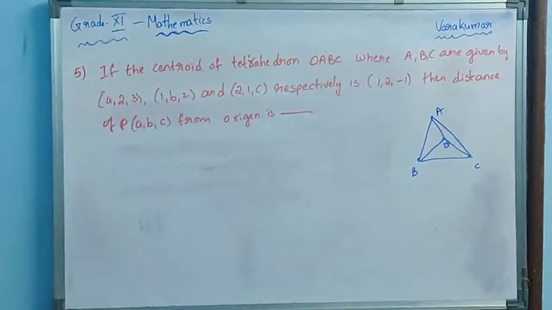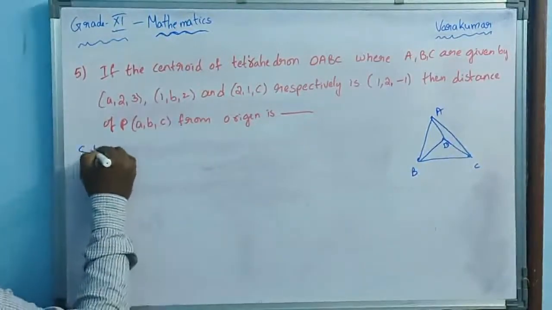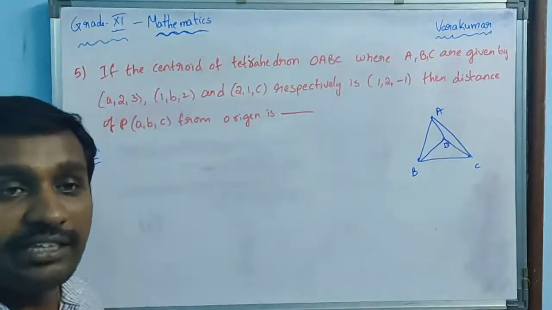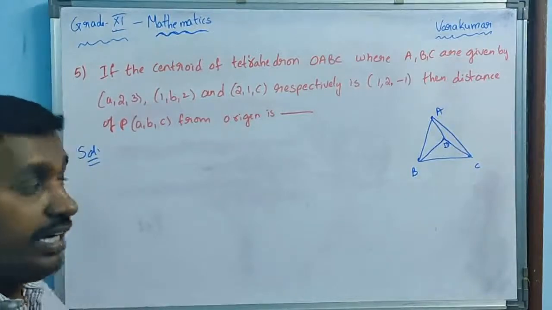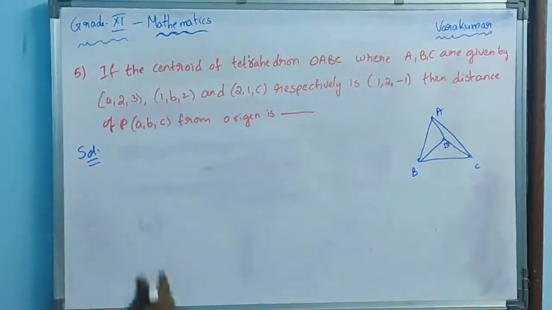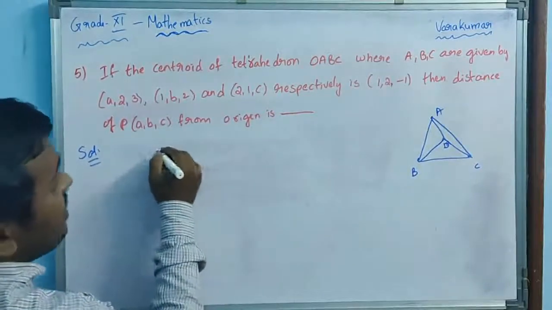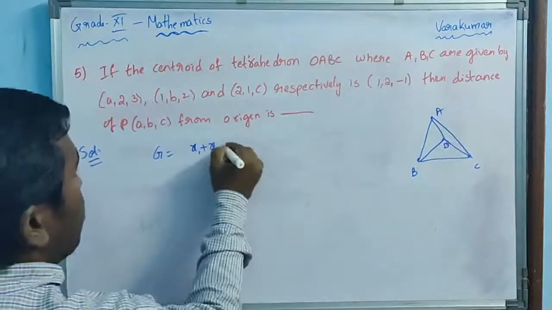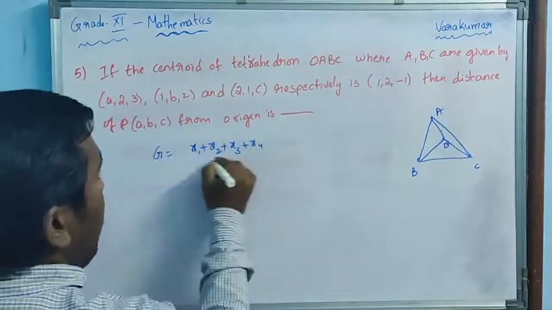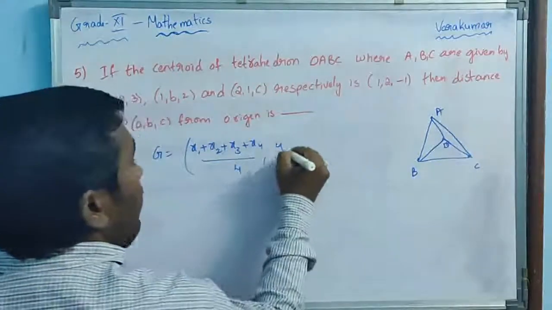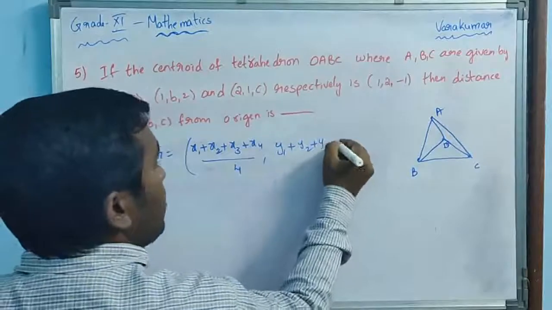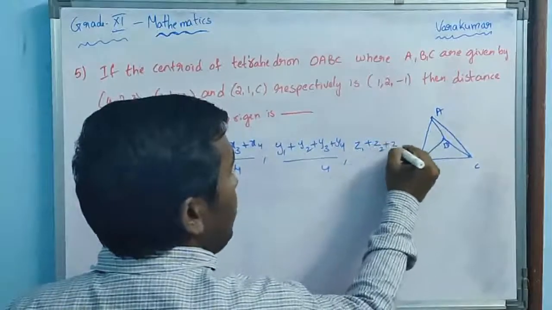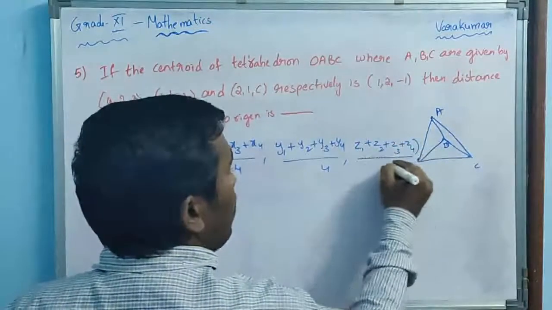In a triangle we know the centroid formula is ((x1 + x2 + x3)/3, (y1 + y2 + y3)/3, (z1 + z2 + z3)/3). Here for the tetrahedron, the centroid is ((x1 + x2 + x3 + x4)/4, (y1 + y2 + y3 + y4)/4, (z1 + z2 + z3 + z4)/4).